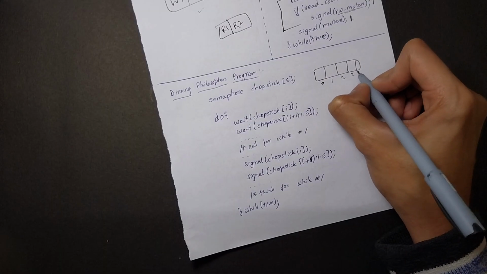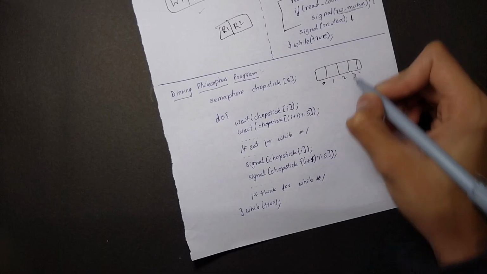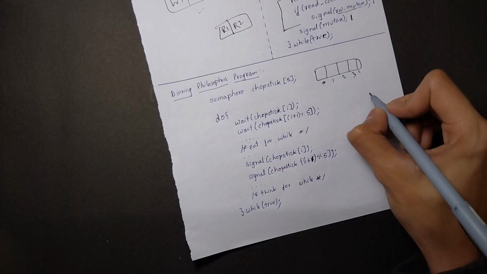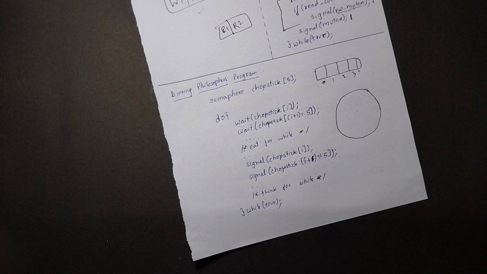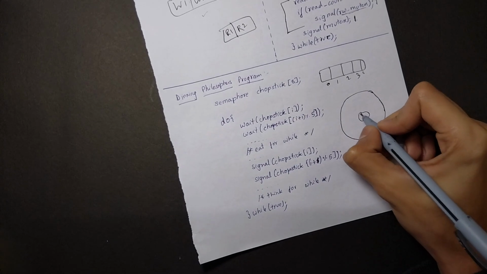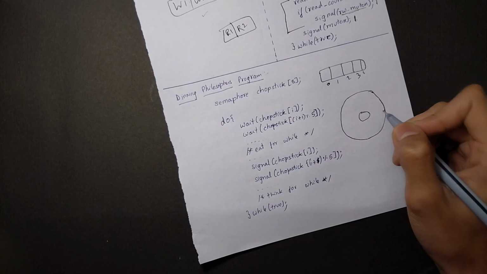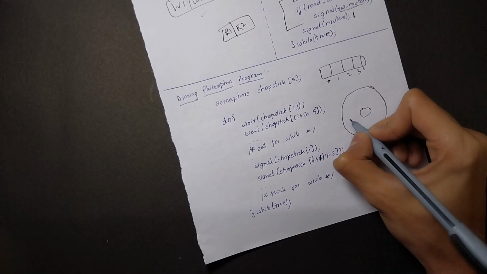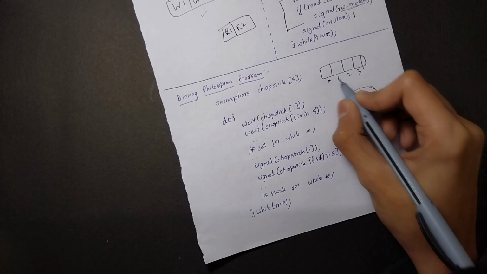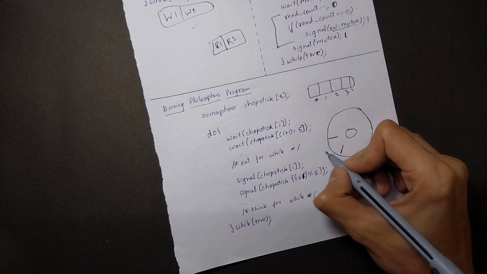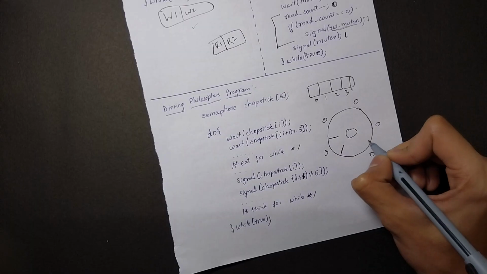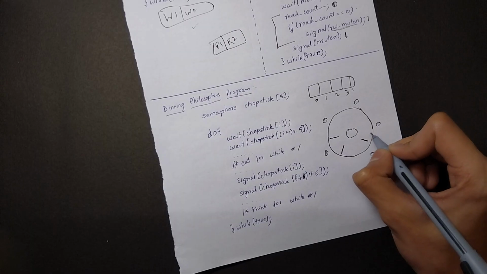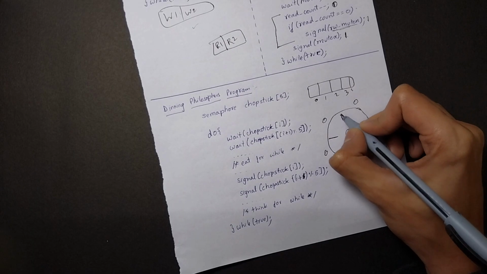So consider there is a dining table, and there is food in the center, some rice ball or something, and there is a chopstick in all the corners. So there are 5 chopsticks, so there are 5 people too here, and beside every person there is one chopstick.